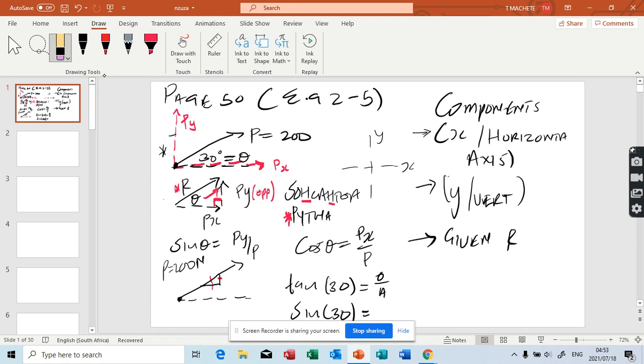Remember, the reason why I'm using the angle is for your minor right angle triangle. The values that I'm going to get here are for your minor right angle triangle. And then cos 30 degrees equals adjacent over hypotenuse.